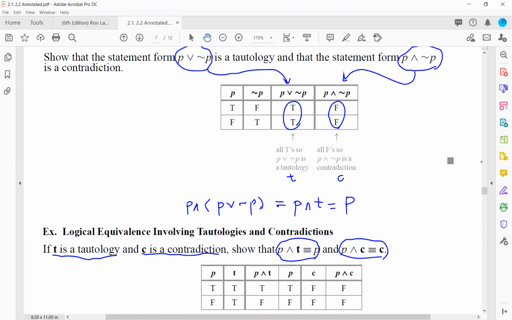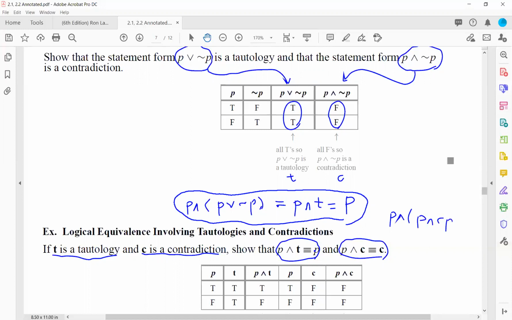So we use these rules to simplify a compound statement. Wherever you see P and (P or not P), you can just quickly write P. You learned about a contradiction like P and not P. So if you ever see P and not P, you can quickly write that it is a contradiction.